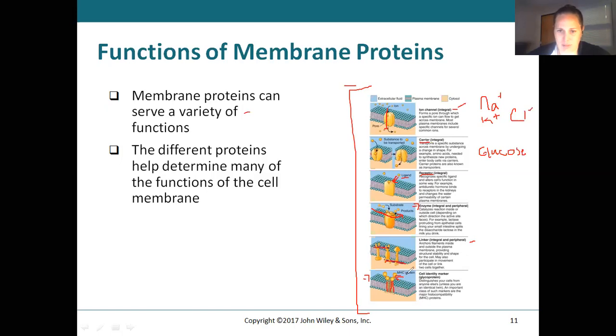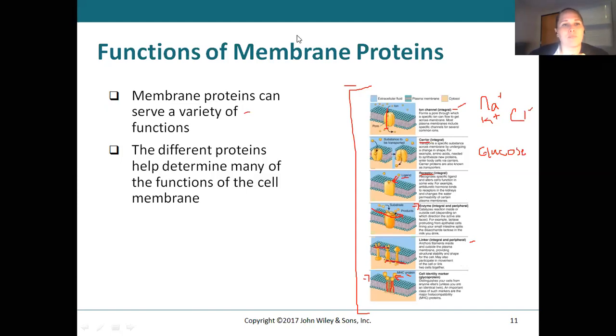A great example is the MHC protein, which stands for major histocompatibility complex. You do not need to memorize that. Just recognize that these glycoproteins can be used by the immune system, allowing cells to identify self from non-self. Those sugars on the surface of the cells allow the body to recognize self from non-self, which is a major function of the immune system.